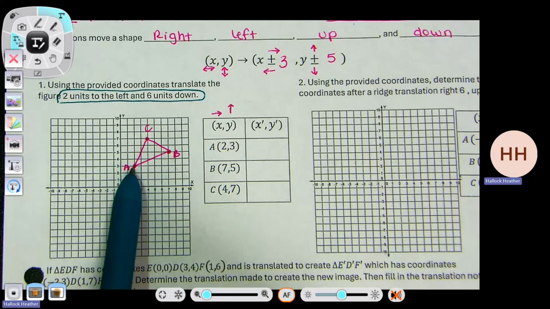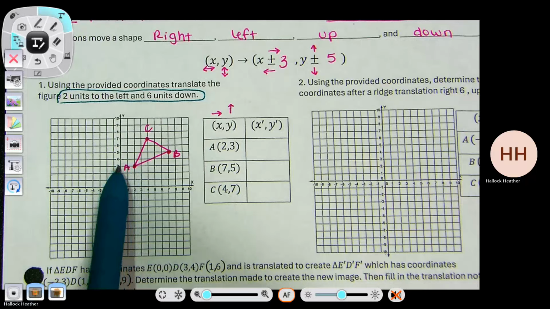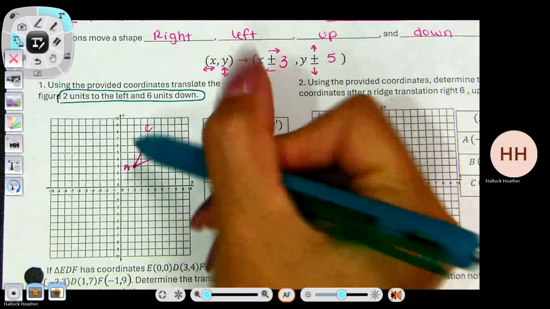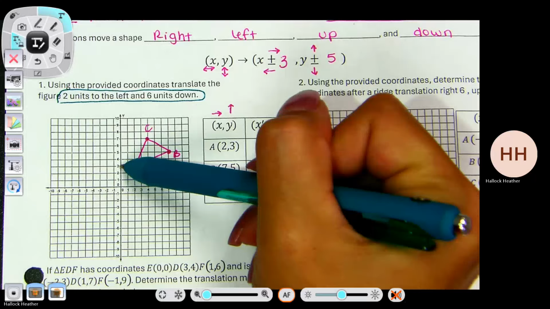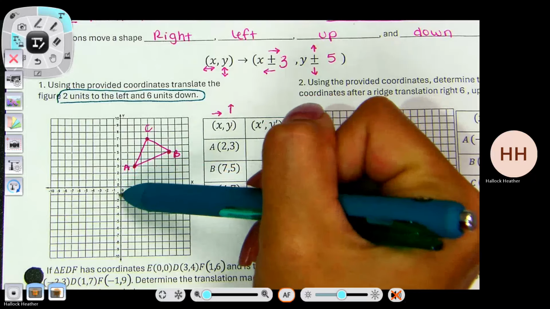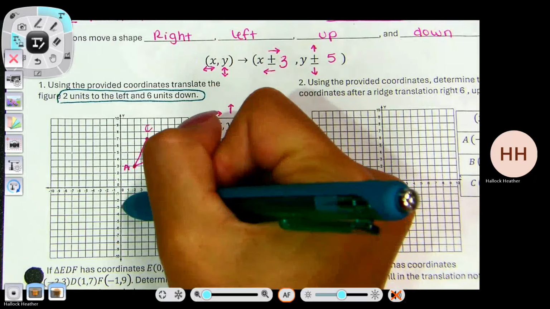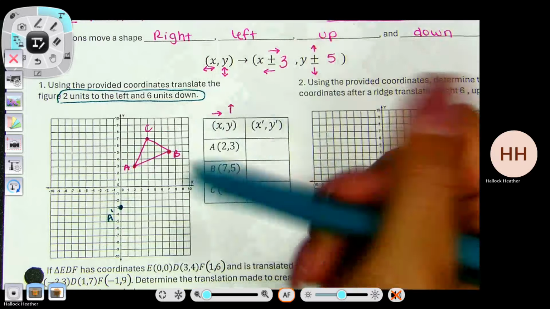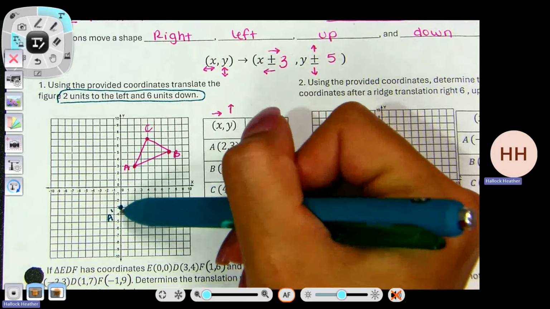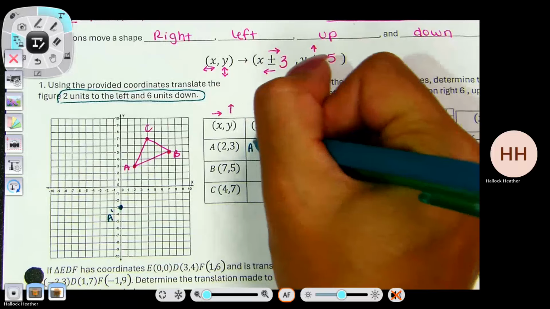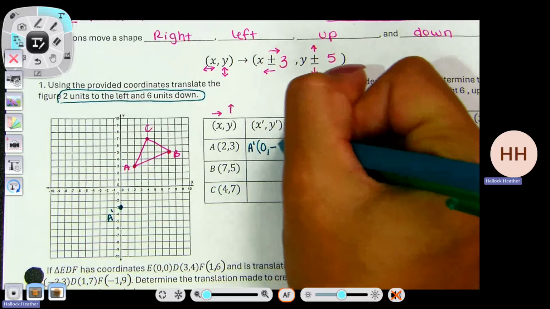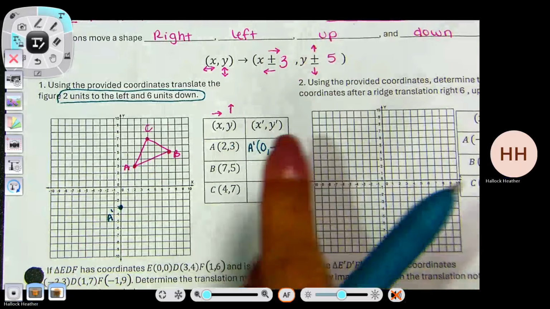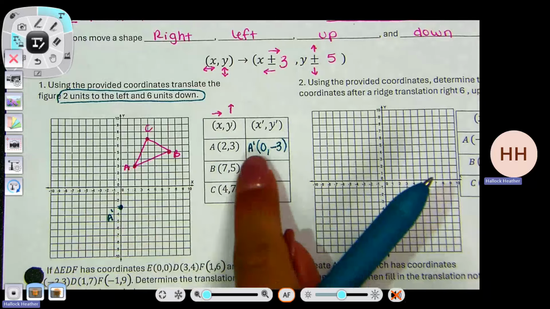I'm going 2 to the left, 6 units down. So A should be at 0, -3.